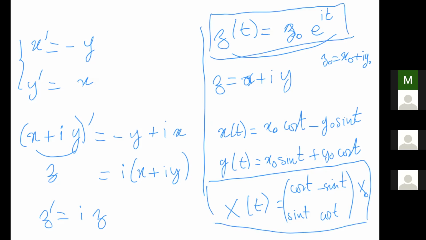Okay, and then it's easy to represent those solutions. What are the solutions in the plane if I want to draw it? So those are the solutions. I pick up an initial condition. This is my z0.